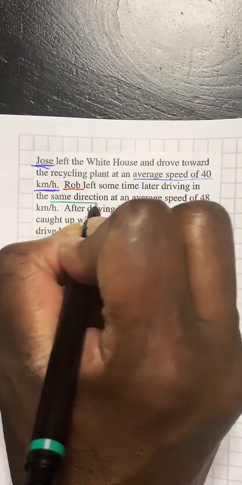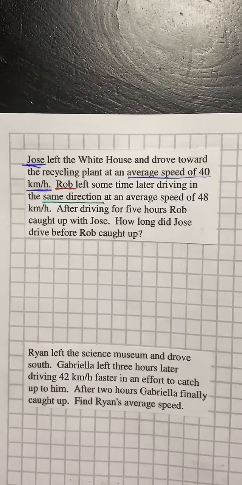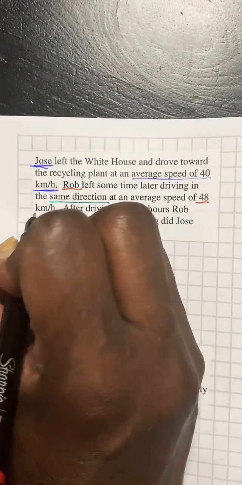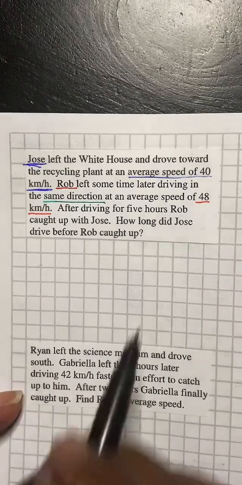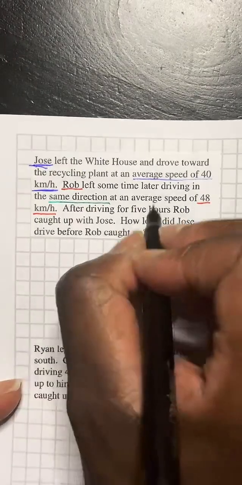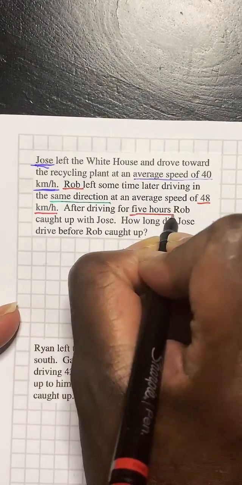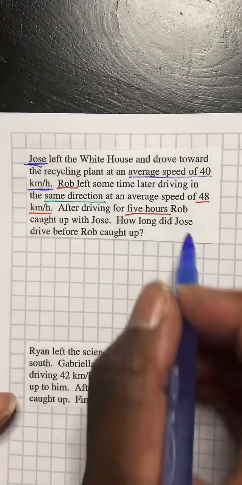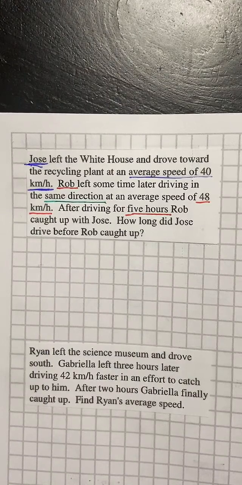They're going in that same direction, but Rob had an average speed of 48 kilometers per hour. So after driving for 5 hours, Rob caught up with Jose. All right, so that's 5 hours for Rob. And they want to know how long did Jose drive before Rob caught up.